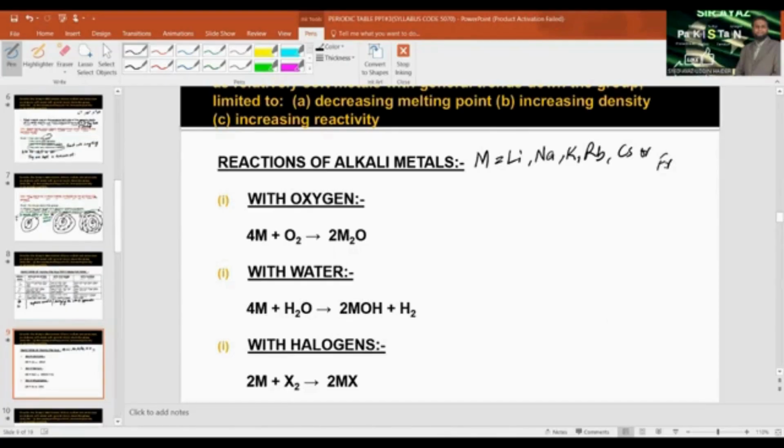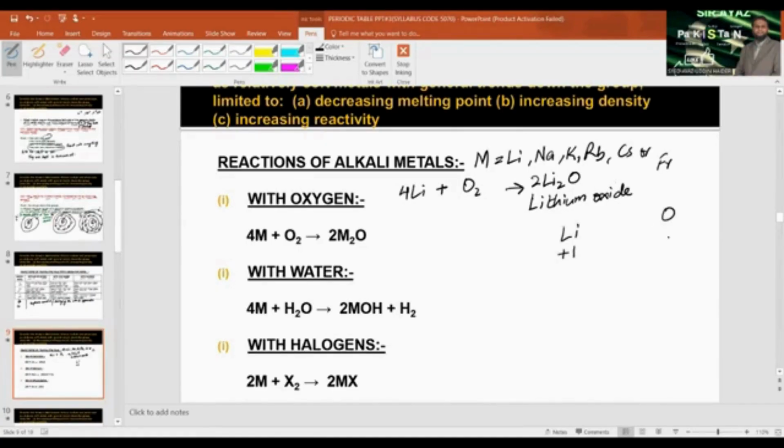Now, if you want to react lithium with oxygen, the reaction will be 4Li plus O2 gives 2Li2O. How will you get the formula Li2O? This is lithium oxide. Recall the concept of valency. Lithium is in group 1, so the valency of group 1 will be +1.